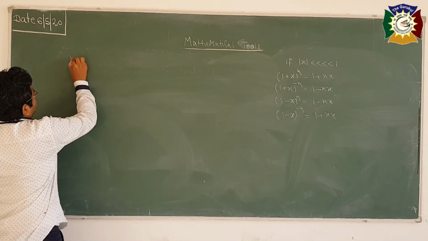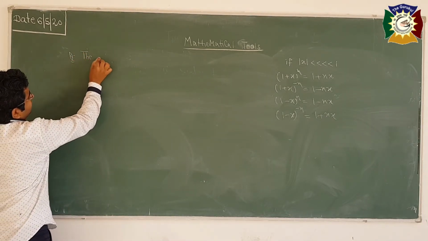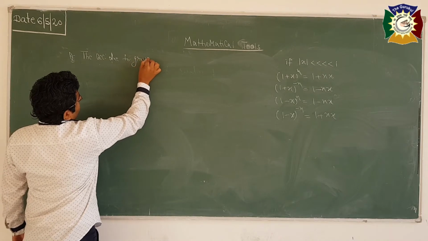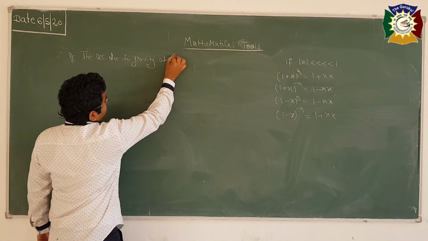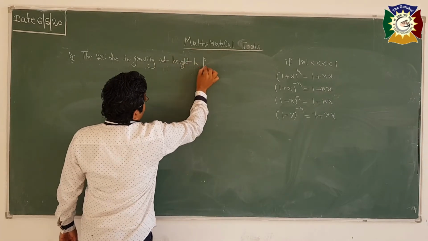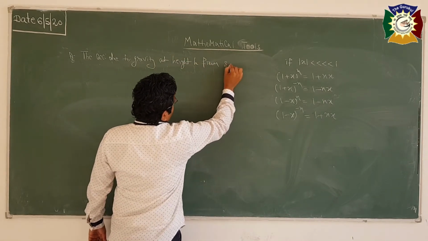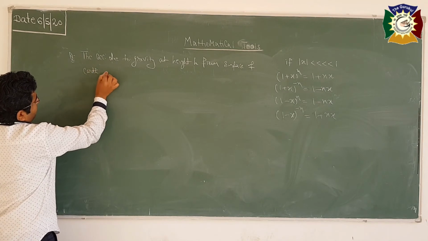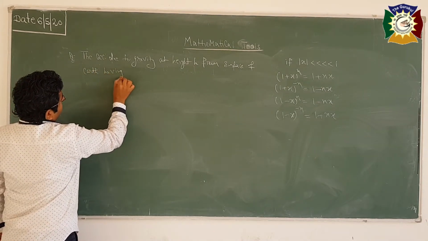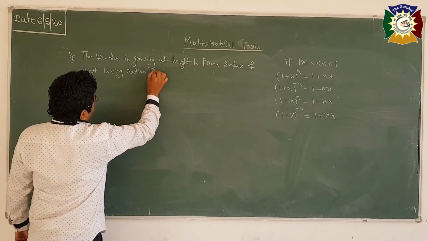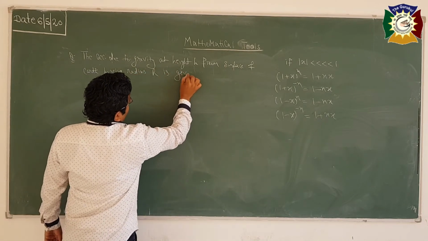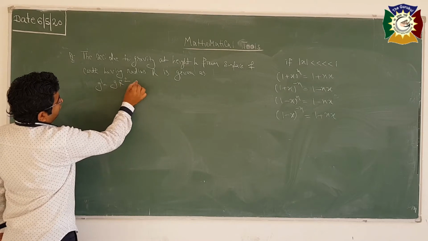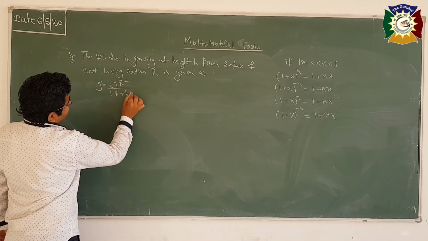Question is, the acceleration due to gravity at height h from the surface of earth having radius r is given as g dash is equal to g r square divided by r plus h whole square.